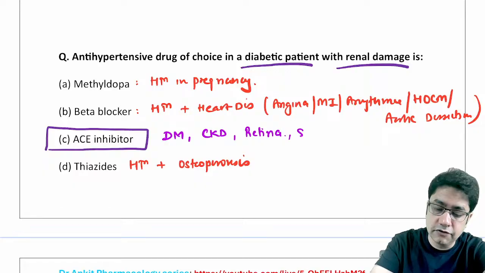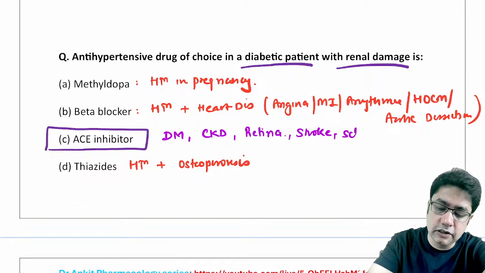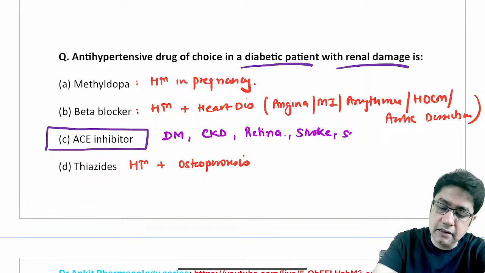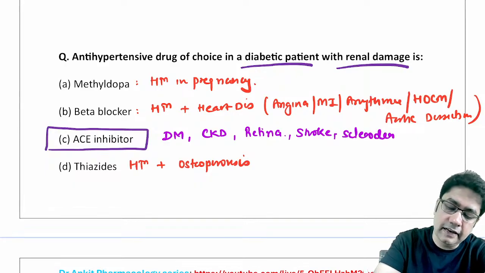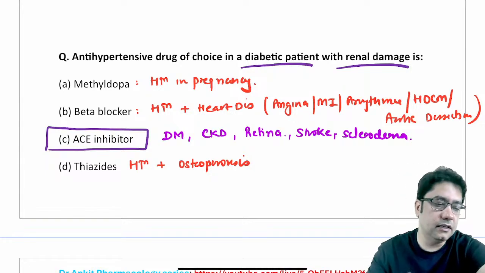It is also the drug of choice for hypertension with stroke. It is also the drug of choice for hypertension due to scleroderma or excessive collagen deposition, which can make the artery stiff and lead to hypertension. So in all these conditions, you prefer to give ACE inhibitor.